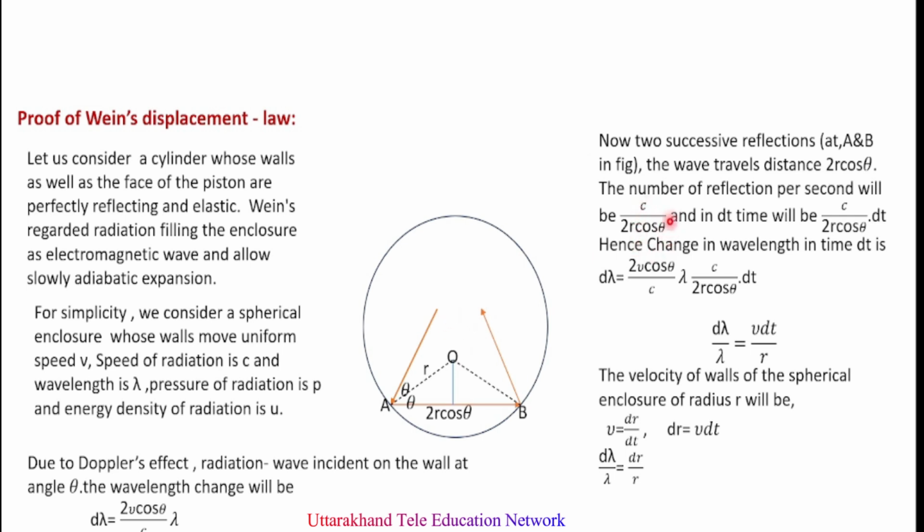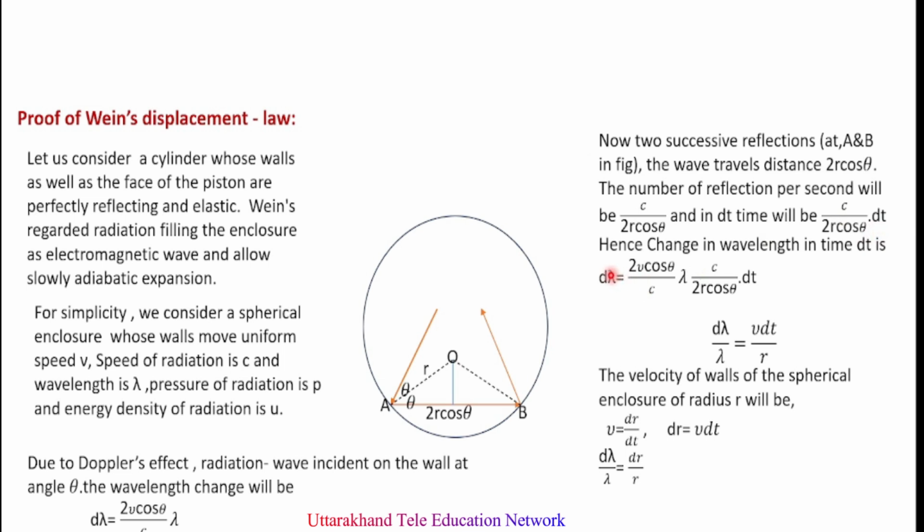The c upon 2r cos theta is the number of reflections in 1 second. Suppose we take a time dt, then the total number of reflections will be c upon 2r cos theta into dt. This is for 1 second, and when we multiply by dt, it will be the total number of reflections in the dt time.